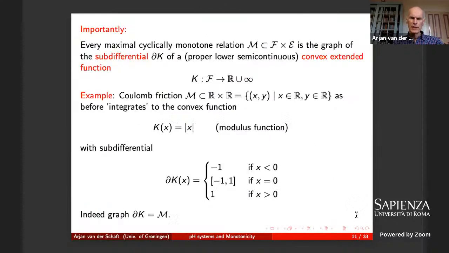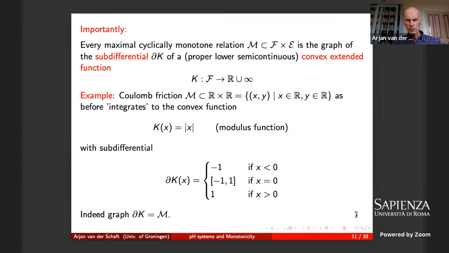Okay, and very important, why are these cyclical monotone relations so important? Well, they precisely correspond to convex functions. So that is where an important link to convex analysis appears.